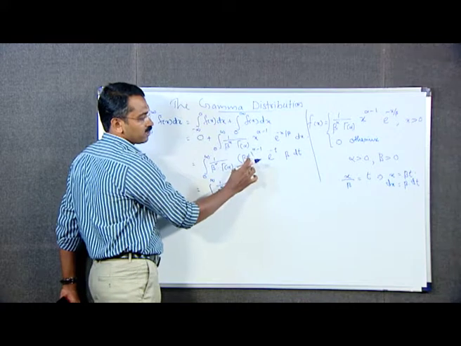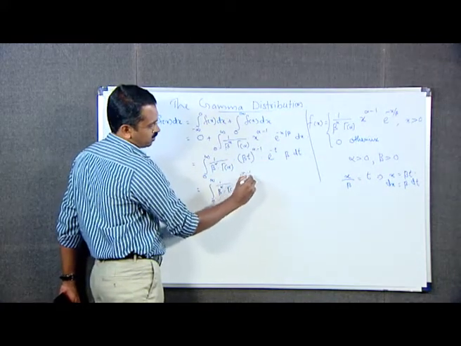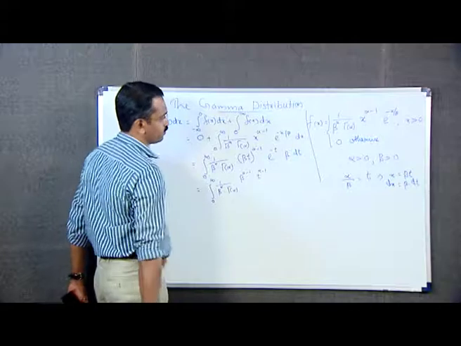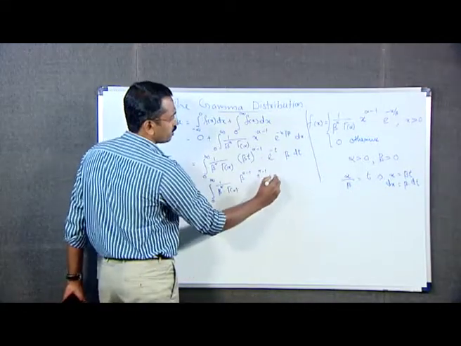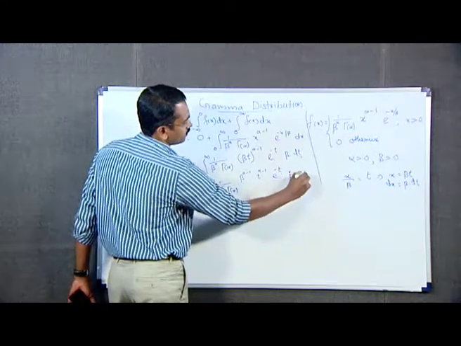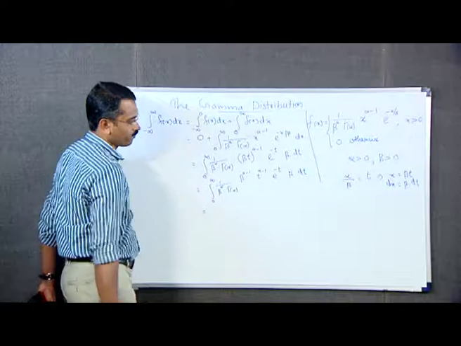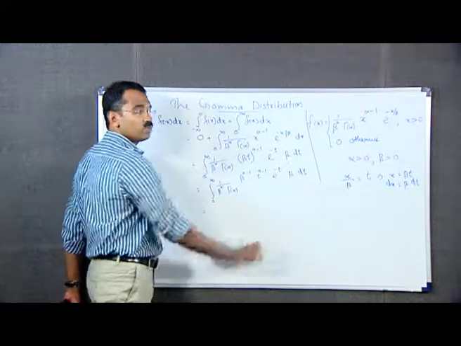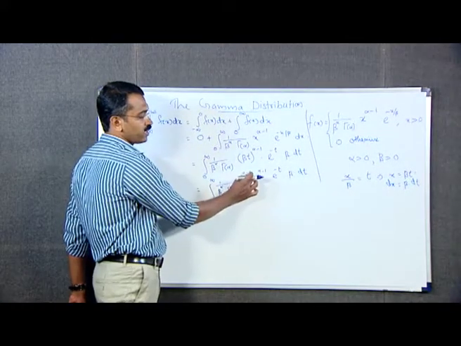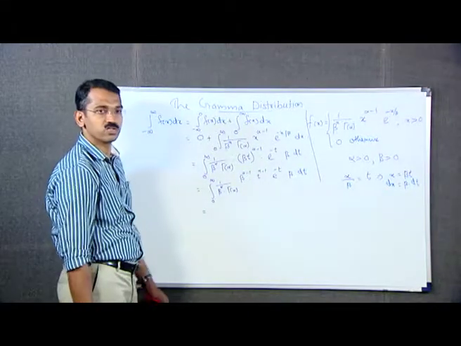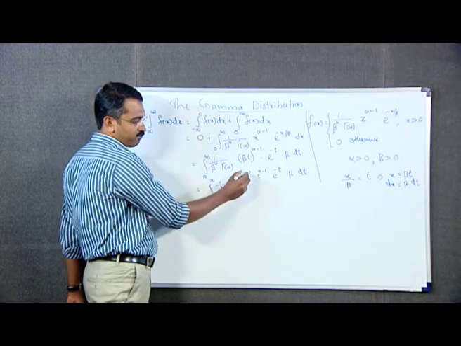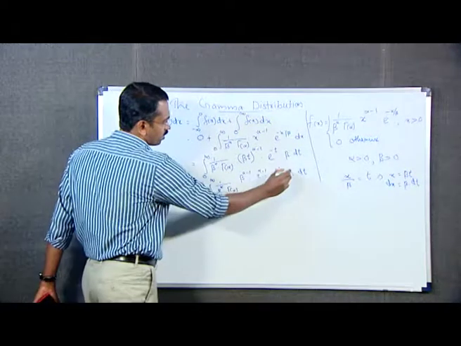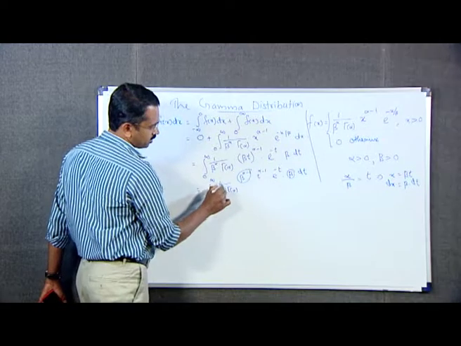This term can be written as β^(α−1) t^(α−1) e^(−t) β dt. Here, β^(α−1) times β means β^(α−1+1), that is β^α, and the β^α in the denominator will be cancelled. Therefore, these terms are cancelled.